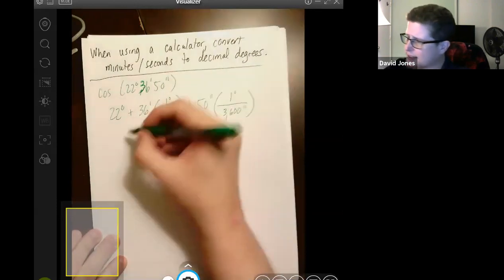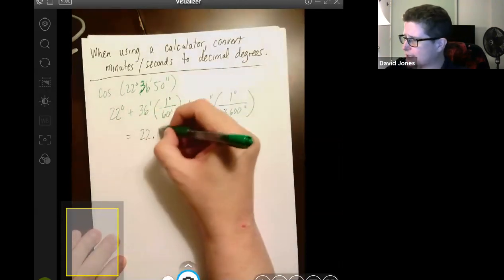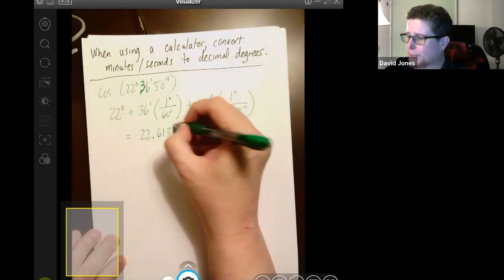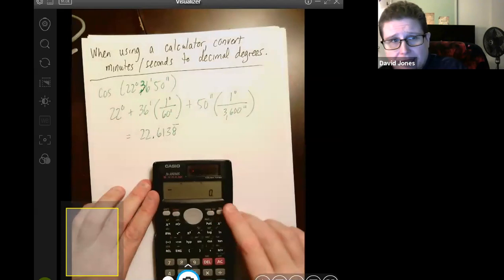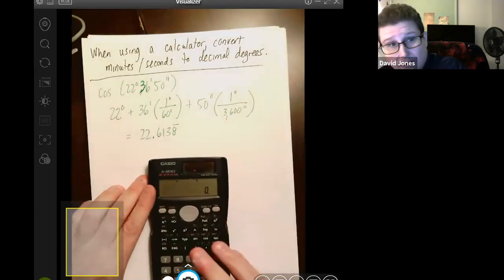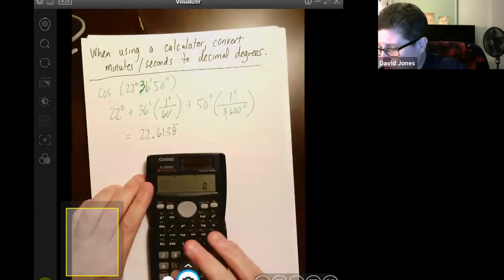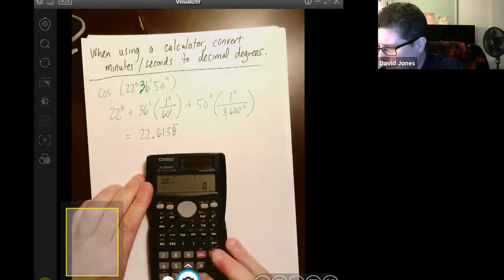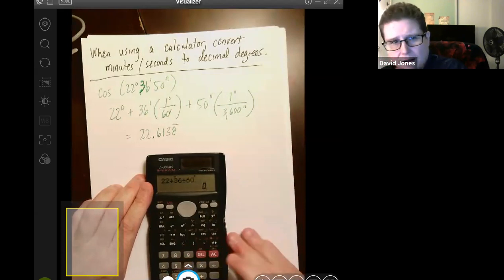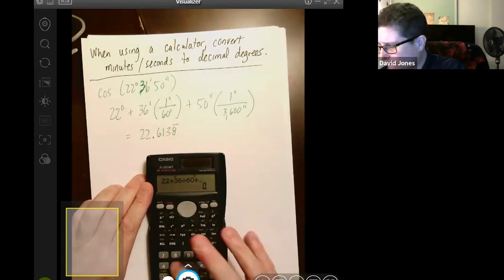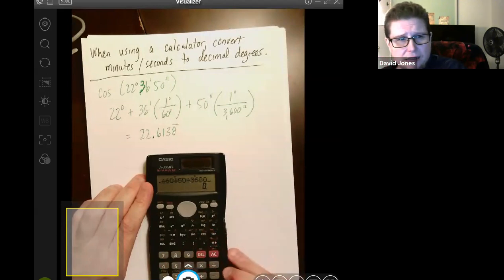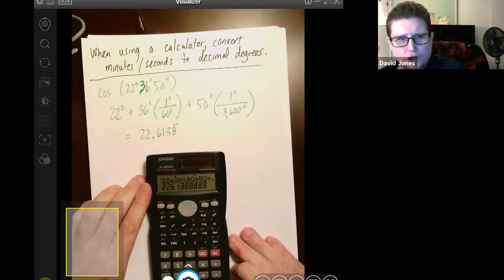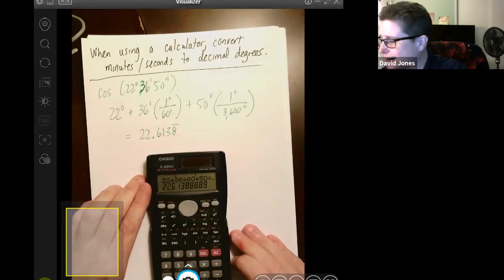And when I do this, this is 22.6138 bar. I'm literally going to put that entire sequence in. This line right here: 22 plus 36 divided by 60 plus 50 divided by 3,600. 22.6138888889.